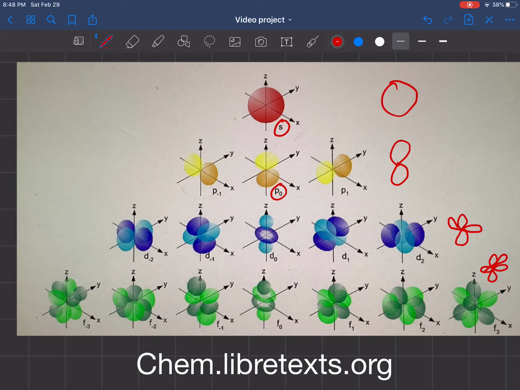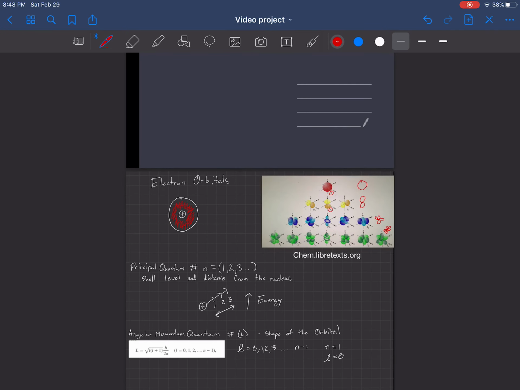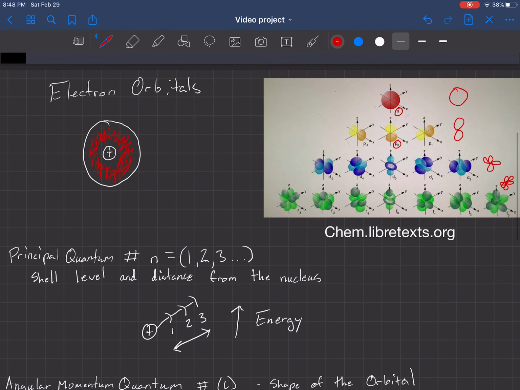I'm not very good at drawing it, but that's the kind of atom theory you're used to seeing. Those orbitals are shown in this diagram here, and it's a really nice diagram that points out all the different forms.